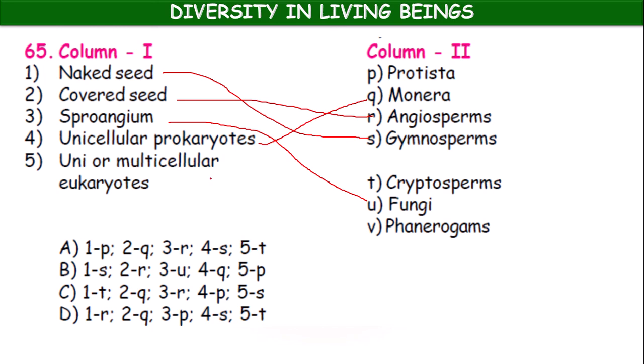Uni or multicellular eukaryote, it is a Protista. Okay, so here 1S, 2R, 3U, 4Q, 5P. Okay, the second option is correct.